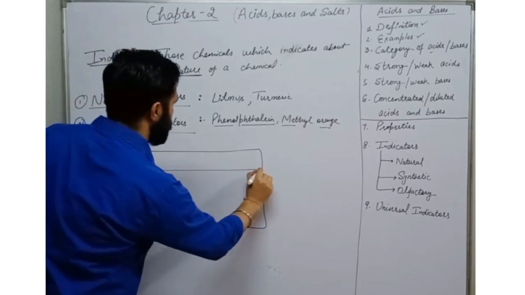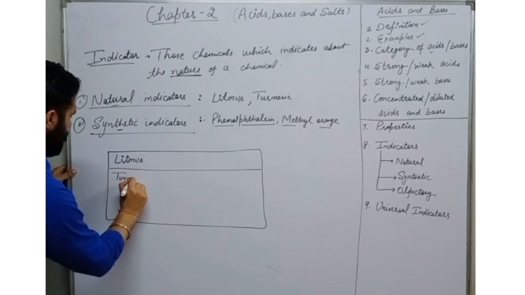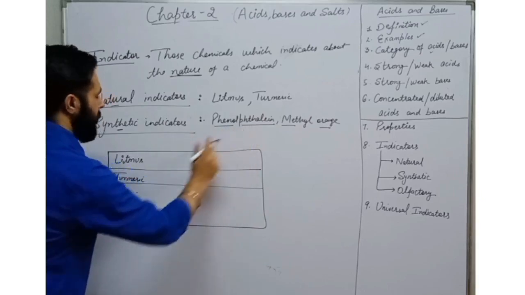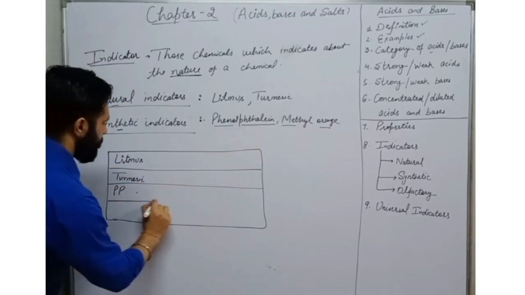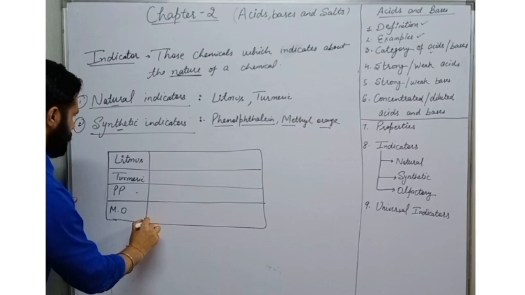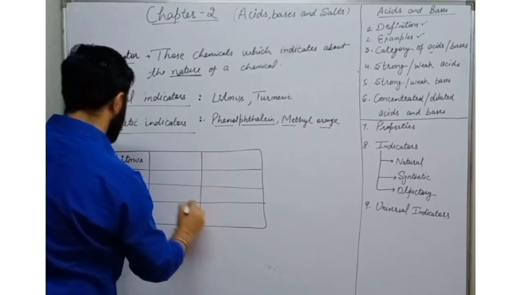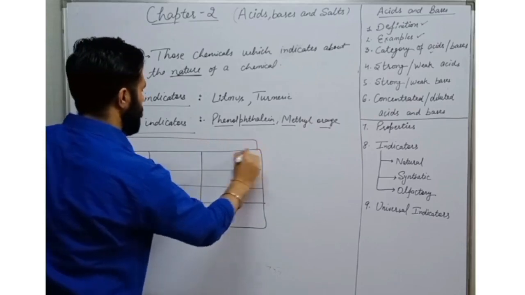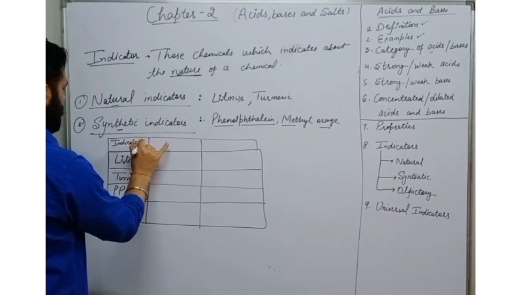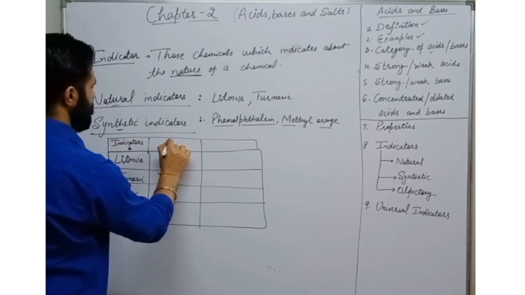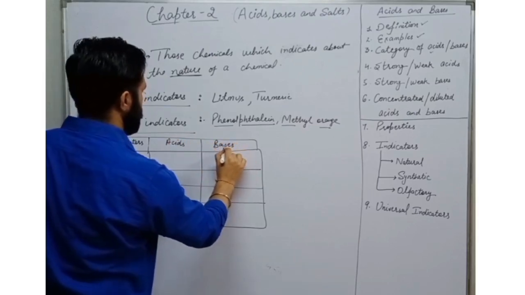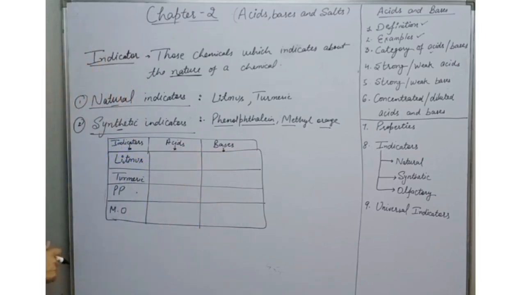Litmus, for phenolphthalein I am just writing PP, and for methyl orange MO. These are indicators.